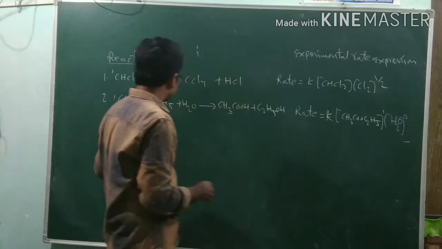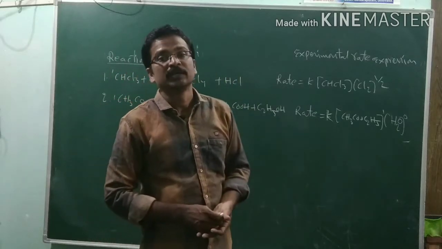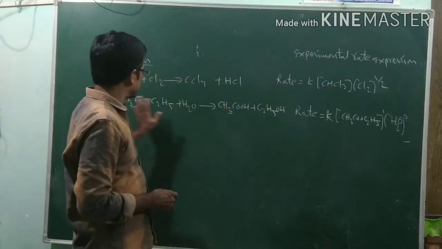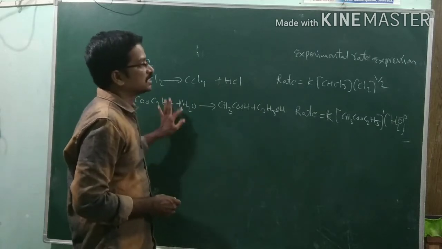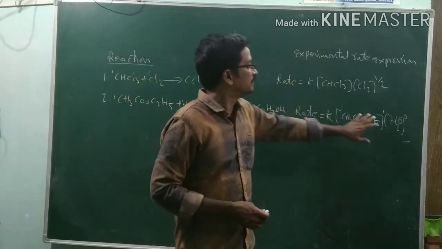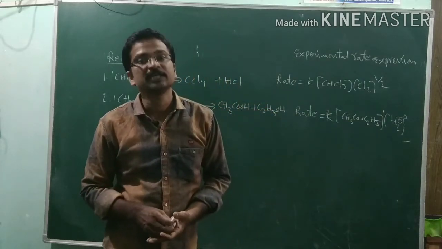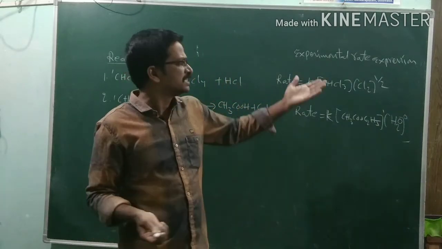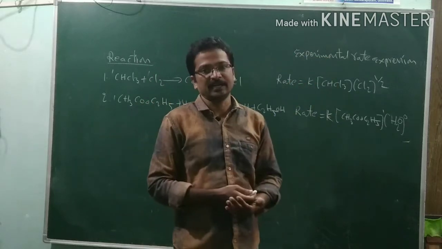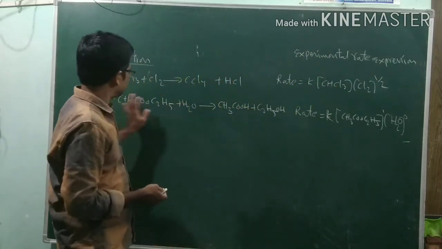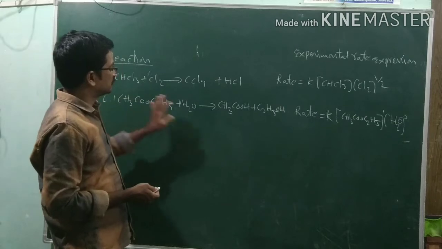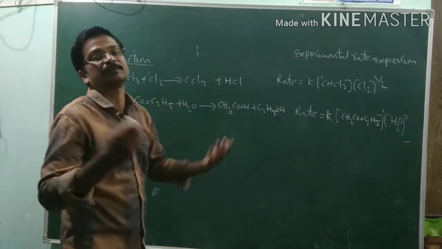So from this expression we know the stoichiometric coefficients may not be equal to the exponents. These exponents come from the experimental data, while the stoichiometric coefficients come from the balanced chemical equation.